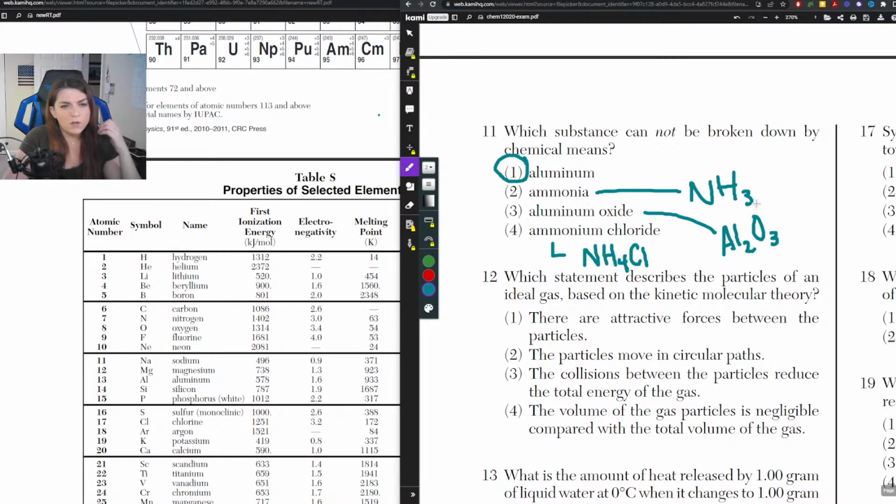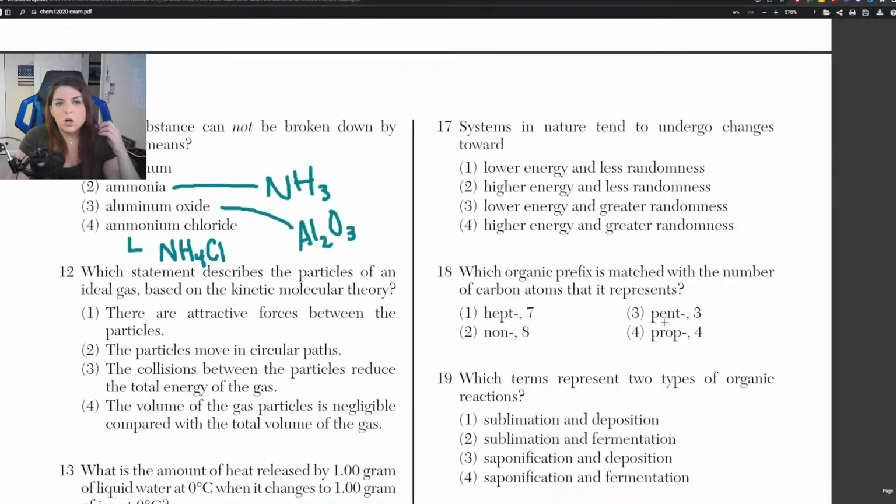Okay, for question 12, which statement describes the particles of an ideal gas based on kinetic molecular theory? There are a few rules to kinetic molecular theory, and you just have to memorize them. It's really annoying. What are they? Gas particles move in random straight line motion.